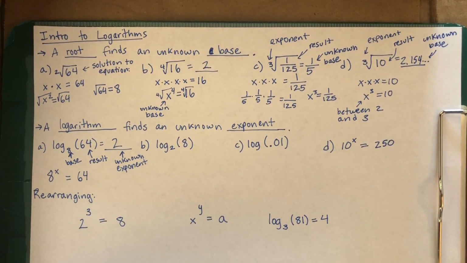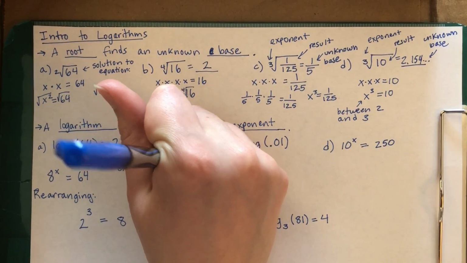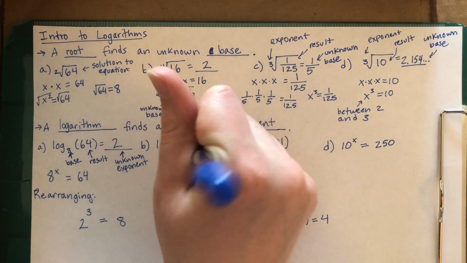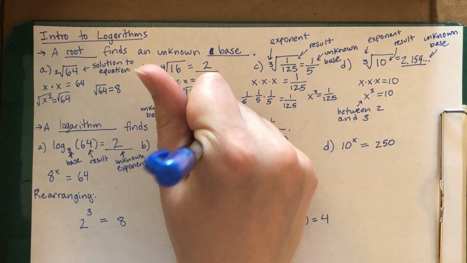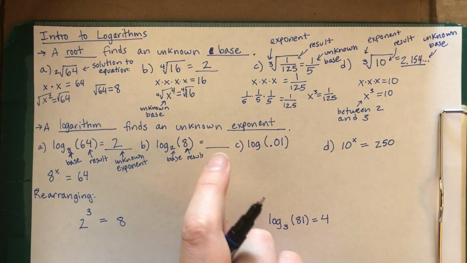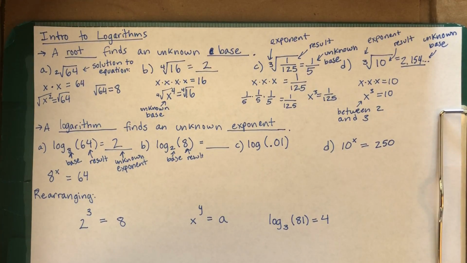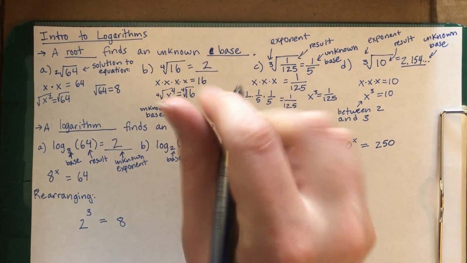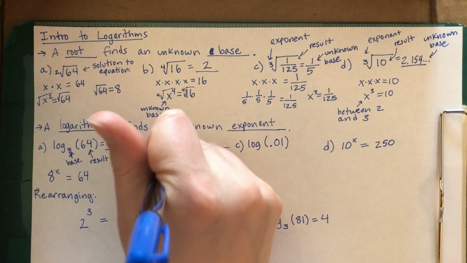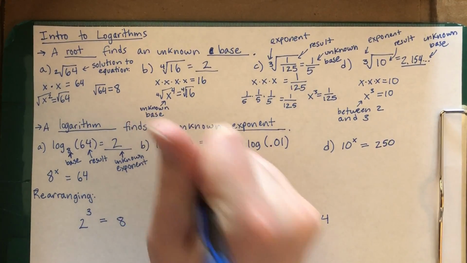Let's try this one. So this is going to be the base. This is going to be the result of the exponent. And then the unknown exponent is going to be the answer. So let's say we could call this x. So 2 to the x equals 8.